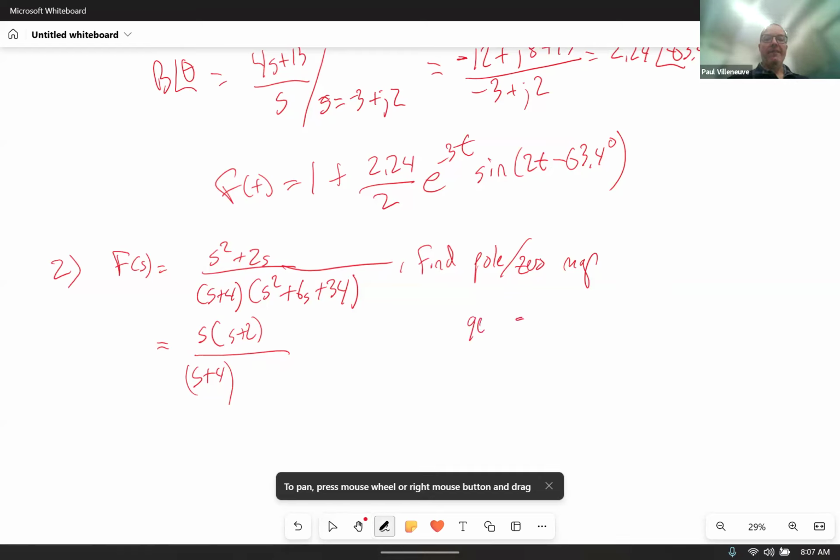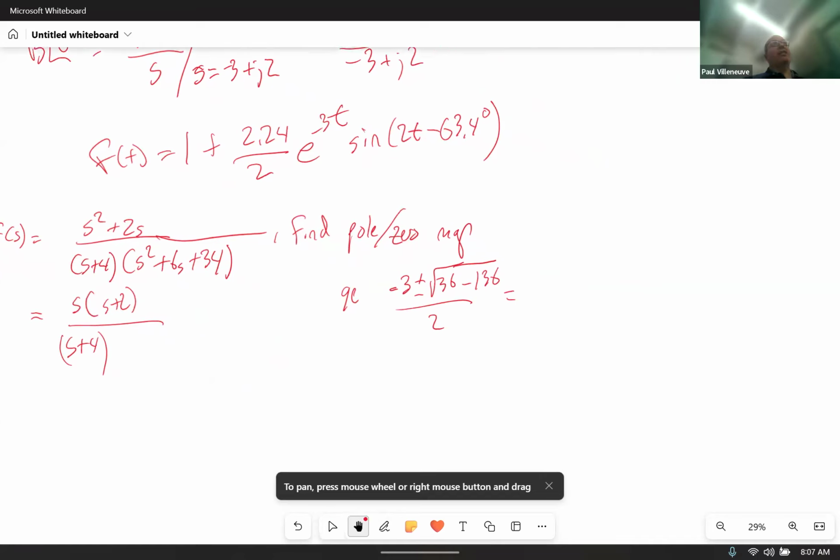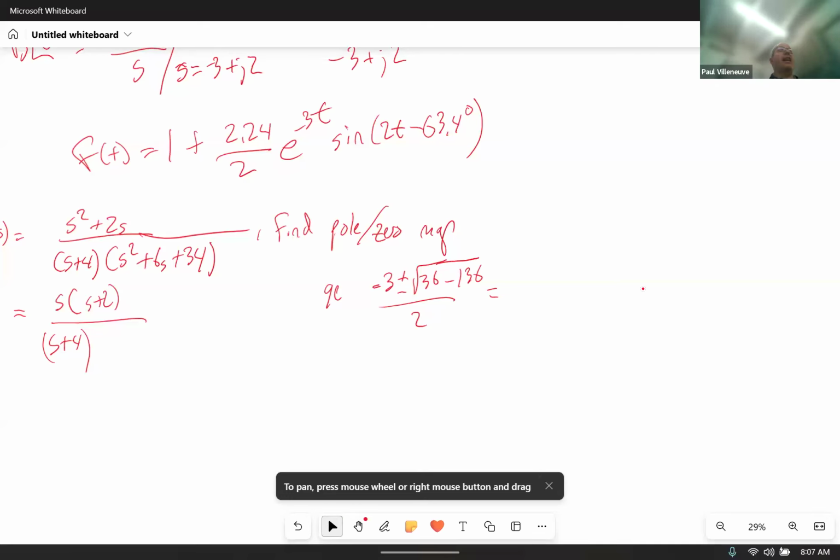Negative b plus or minus the square root of b squared minus 4ac. So 4 times 34 is 136, all over 2a. You can see, and I'll do this a little faster, 36 minus 136 is minus 100. Take the square root of that, we end up with 10j.